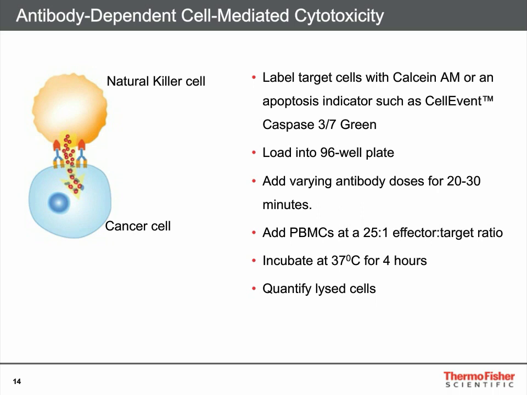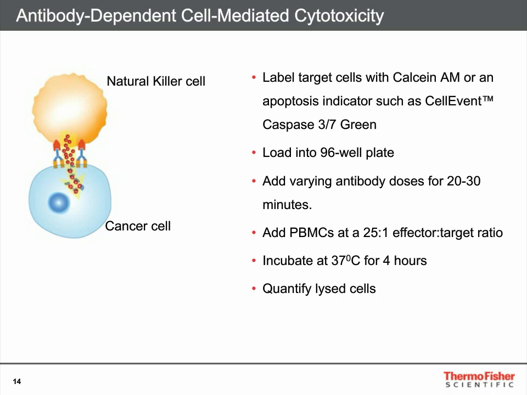Then typically either peripheral blood mononuclear cells or isolated natural killer cells or other cell types are added, typically at a high effector to target ratio, sometimes in the range of 25:1 NK cells to cancer cells.